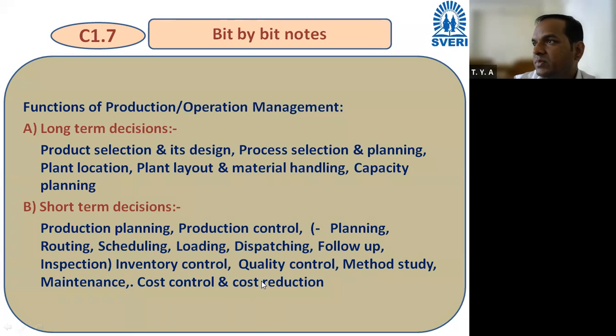Production planning, or give second number: production control. We know the meaning of production control, so don't write the things in brackets which we have mentioned here.